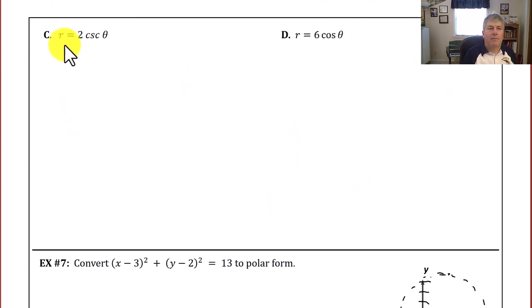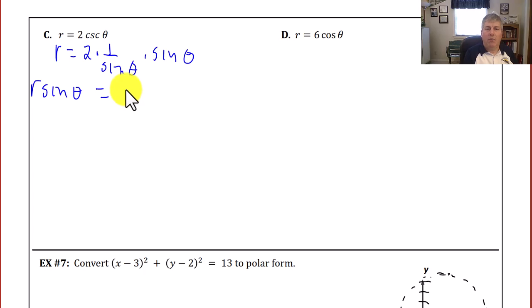Example C, again, we're converting from polar to rectangular. R equals 2 cosecant of theta. The cosecant is the reciprocal of sine, so that'd be 2 times 1 over the sine of theta. If I multiply both sides by sine of theta, we get r sine of theta equals 2.